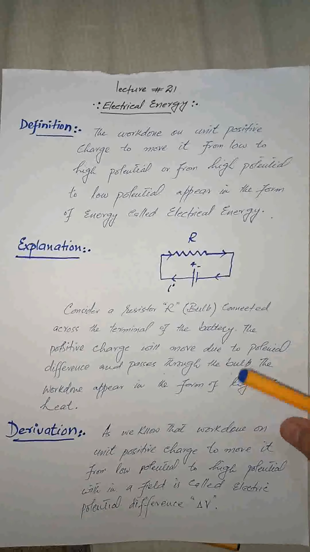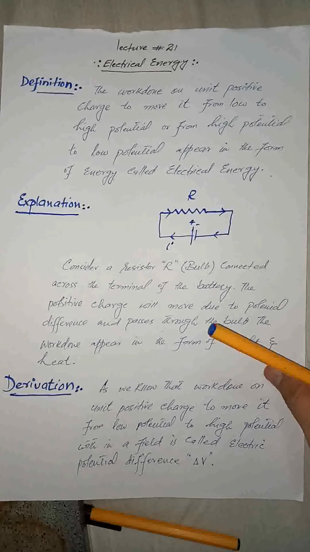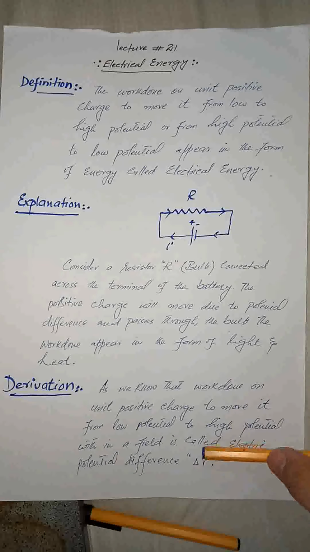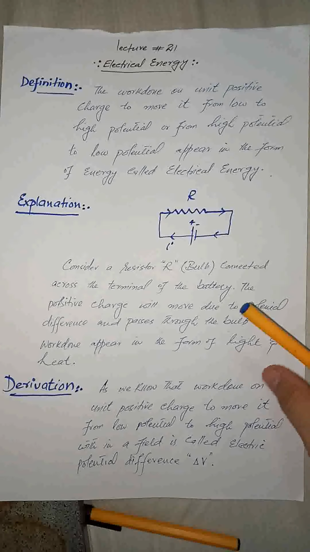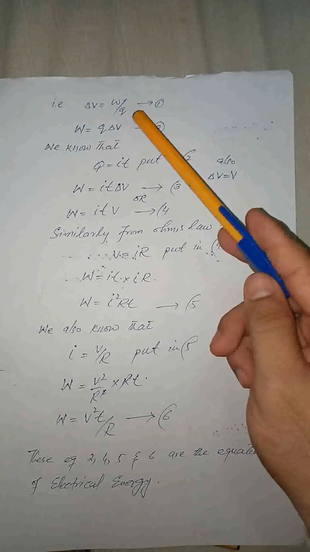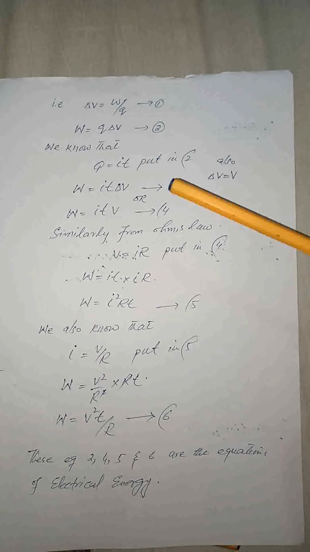Now we will derive the equation for electrical energy. First of all, we know what a potential difference, del V, is. Potential difference is the work done on a unit positive test charge from one point to the other point inside a field.